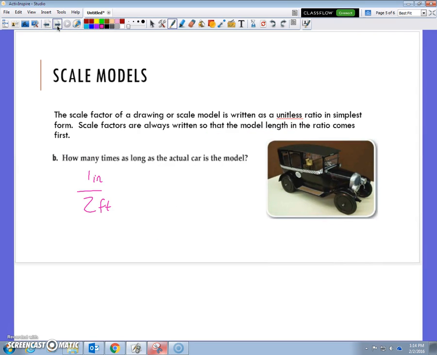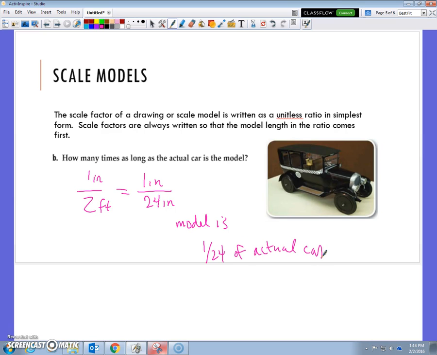However, if it asks me something like how many times as long is the actual car as the model, I would have to change my units a little bit. In this case, I want inches compared to inches, or feet compared to feet. So I would say that really this is 1 inch compared to 24 inches. So the model car is 1/24 of the actual car.